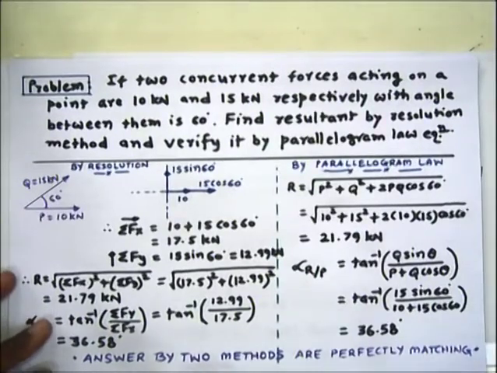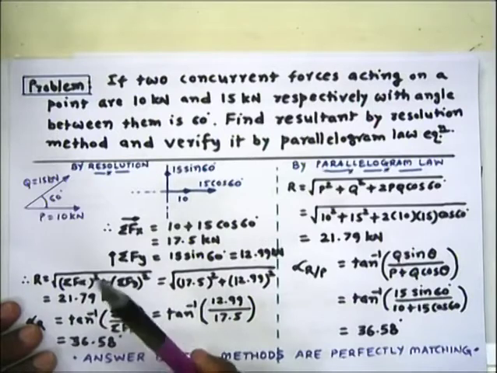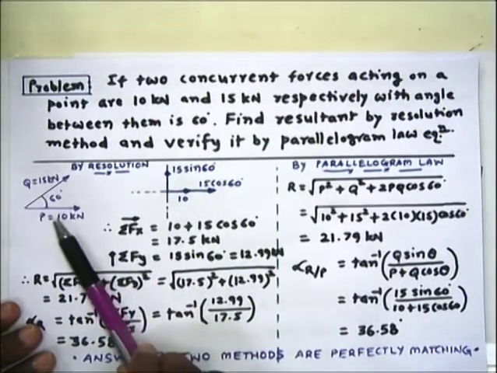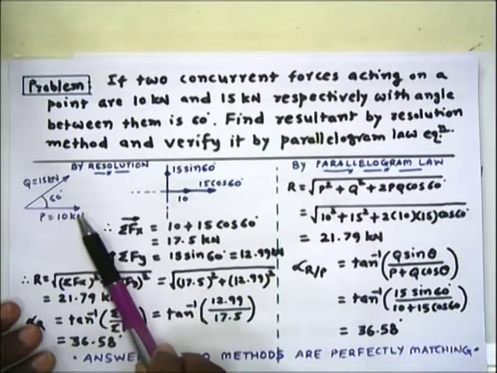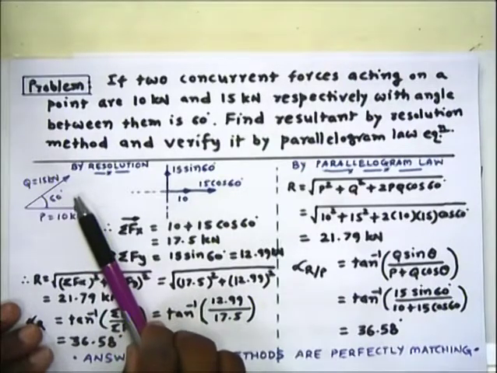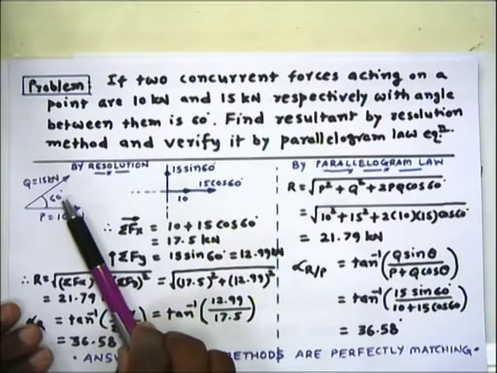Then one more problem on parallelogram law. Suppose you are given two concurrent forces, one is P, which is 10 kN, and the other force is Q, and it is 15 kN, and the angle between these two is say 60 degree.